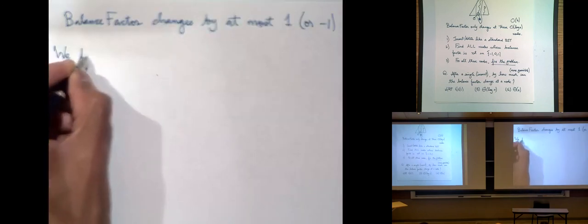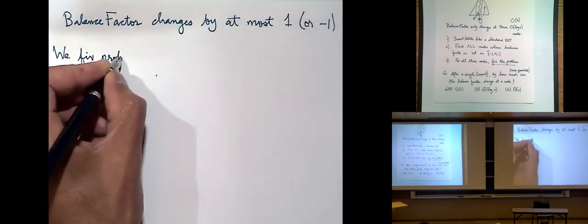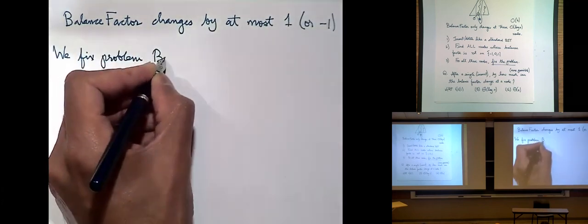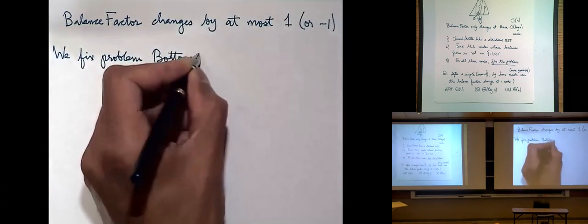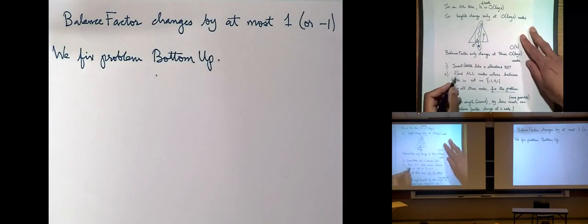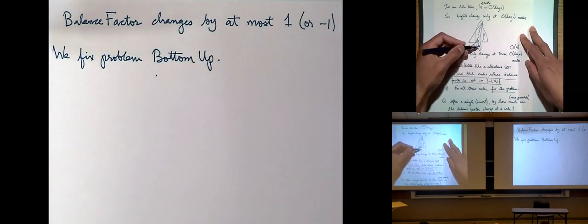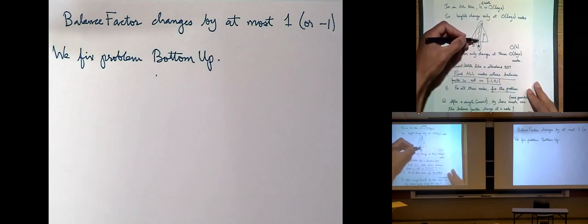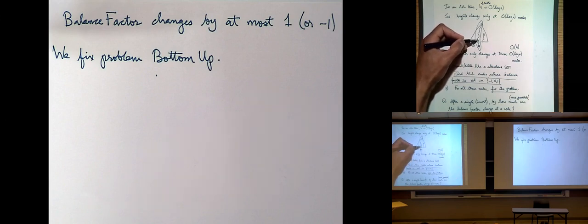We fix the problem bottom up, meaning we're going to find all the nodes where the balance factor is not in -1 to 1, and indeed they'll be on this path. So we'll keep going up. We'll check, is the balance factor out of range?